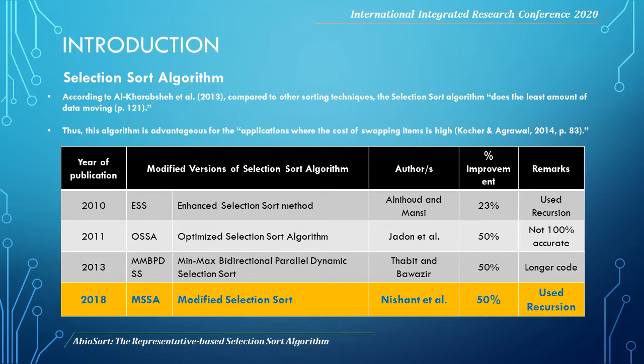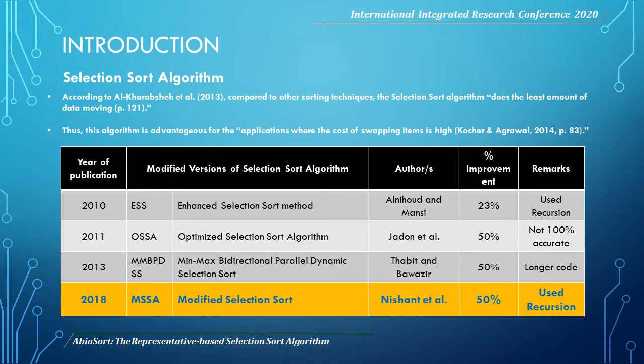Many computer scientists and researchers had already touched this concern and made a considerable effort. As presented in the table, from 2011 until 2018, they made a 50% improvement in the algorithm performance. They presented their works with different approaches, but each has its limitation.